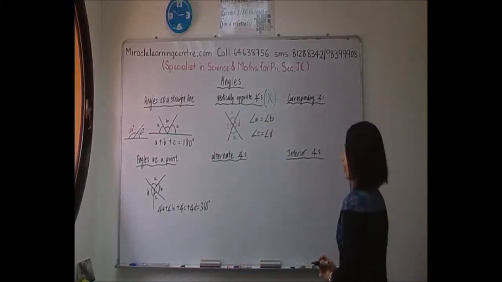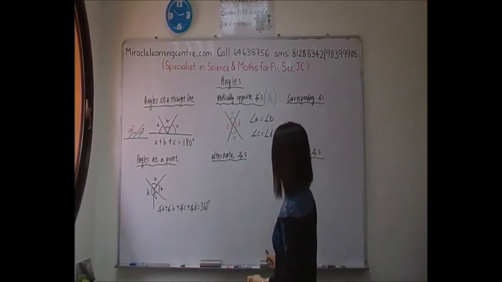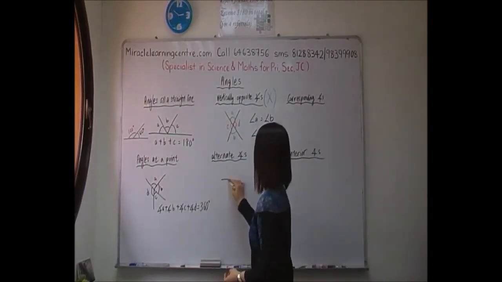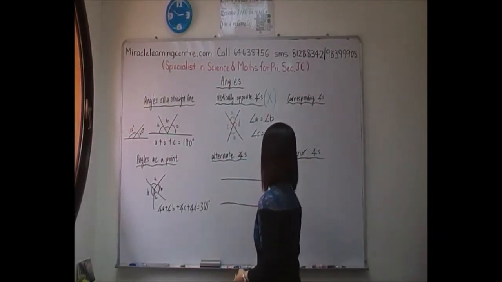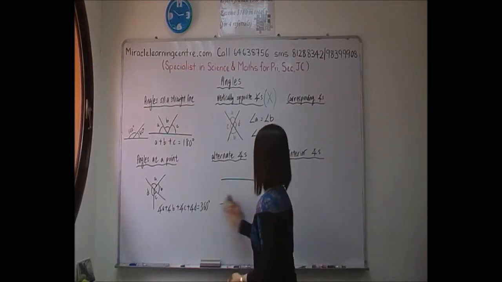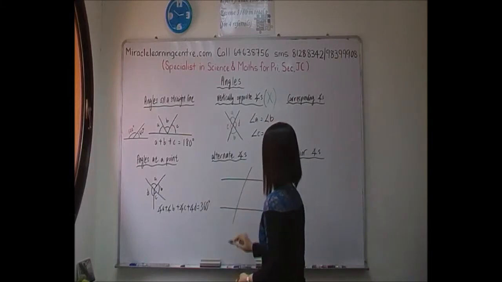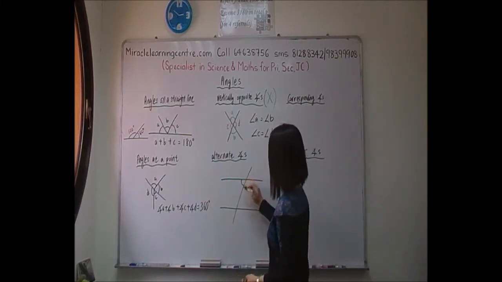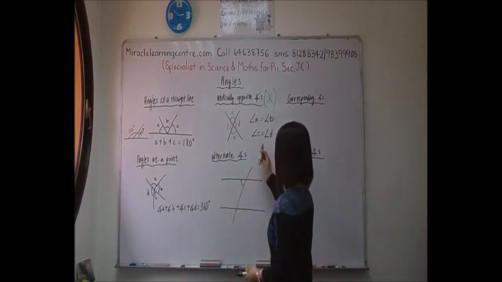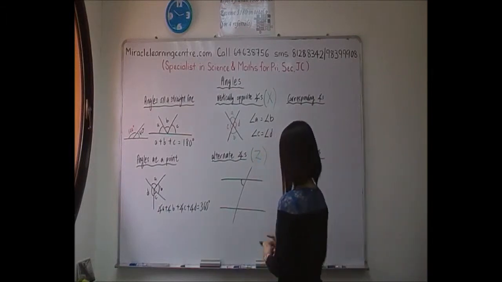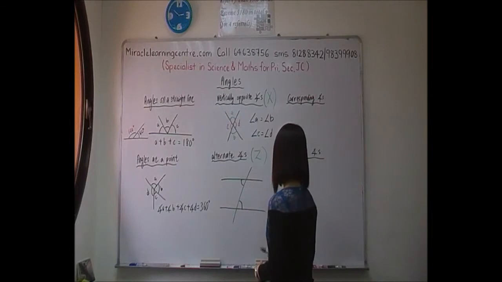How about alternate angles? For alternate angles, you look for two parallel lines, and you look for the letter Z. Where's the letter Z? Let me show you in red.